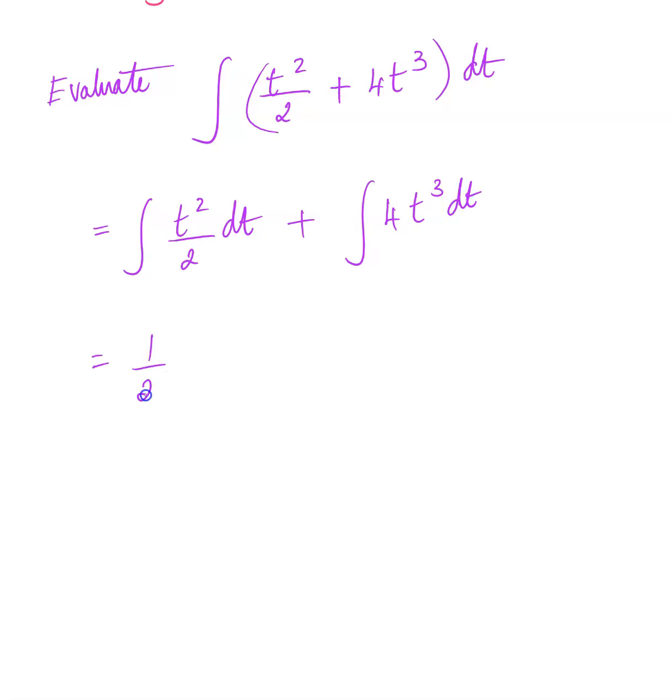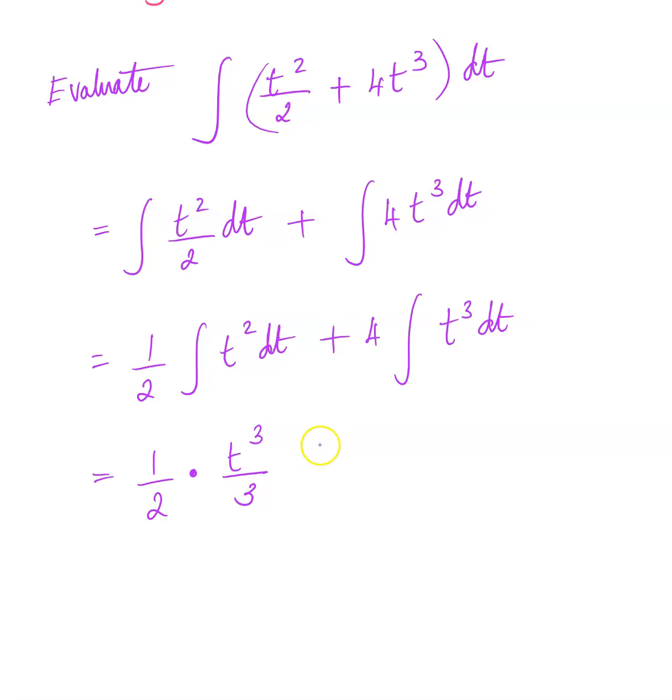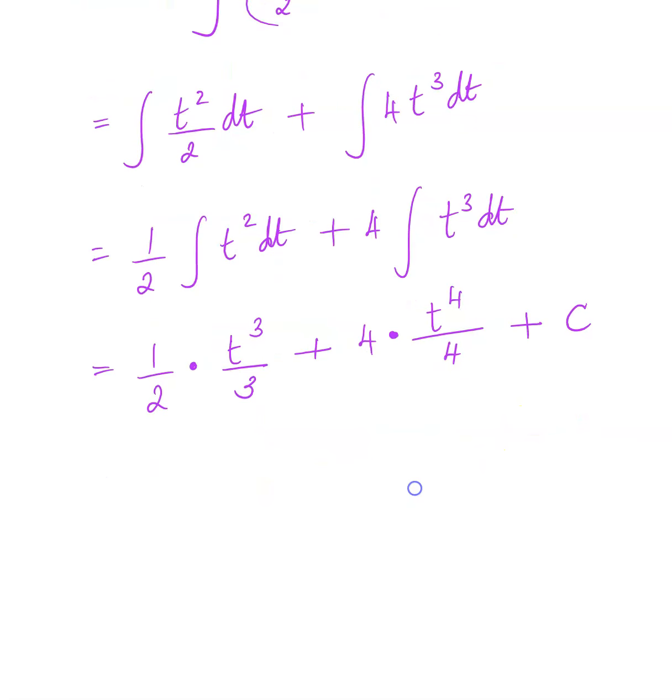One more step where I pull out the constants. And so I have half times t cubed over 3 plus 4 times t to the power 4 over 4 plus a c, because I know there's a c1 and a c2, which will combine to give me a constant. So that will be t cubed over 6. The 4's cancel off, giving us t to the power 4 plus c.